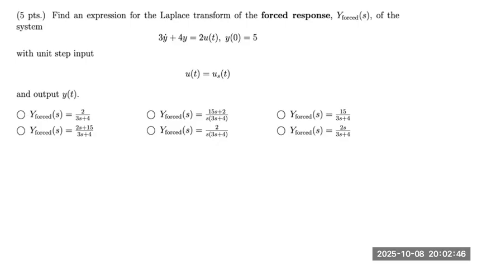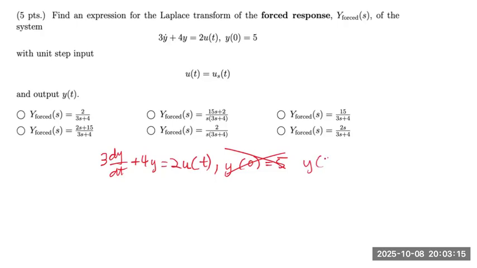So first, let's write this in a form that we know and love. This is 3 dy/dt + 4y = 2u(t), y(0) = 5. However, for a forced response, we want to set all the initial conditions to 0. So instead of using this, we use just 0 as the initial condition.